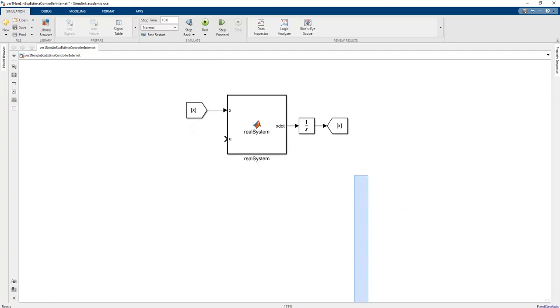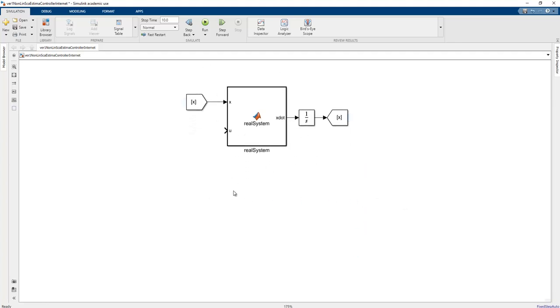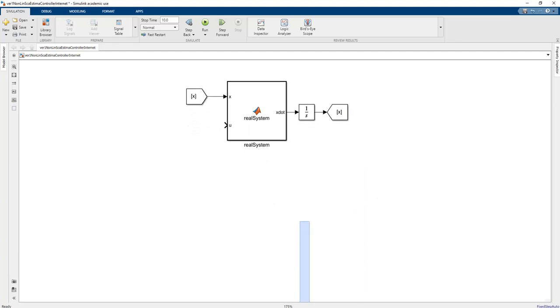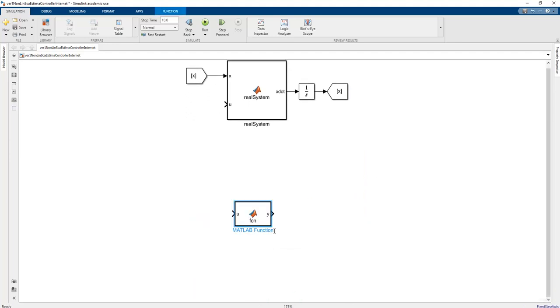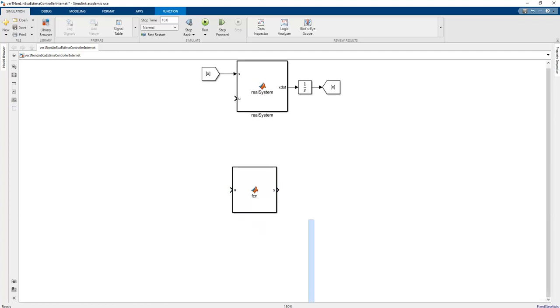Then, with these parameters, we also need to add another MATLAB function body in order to estimate or imitate the real values of a and b.